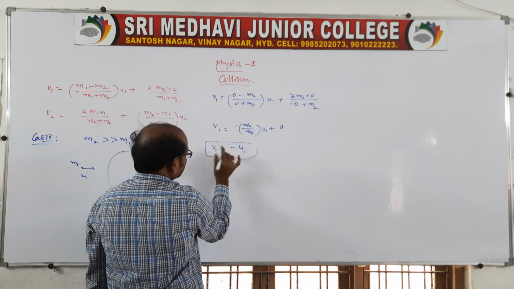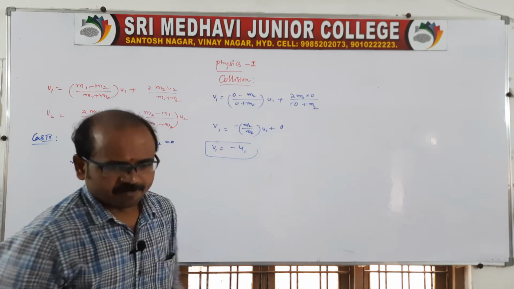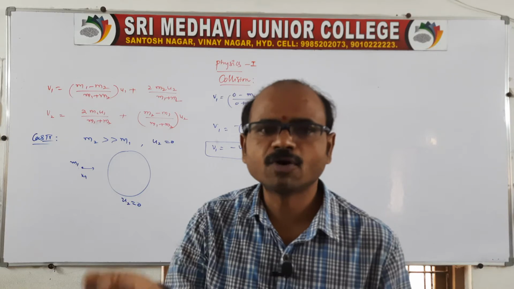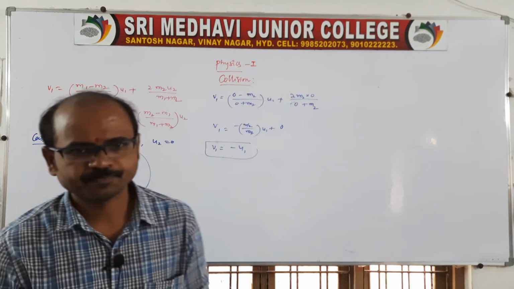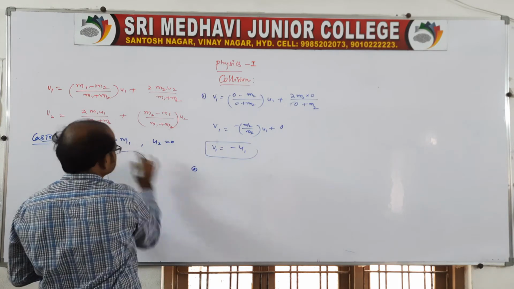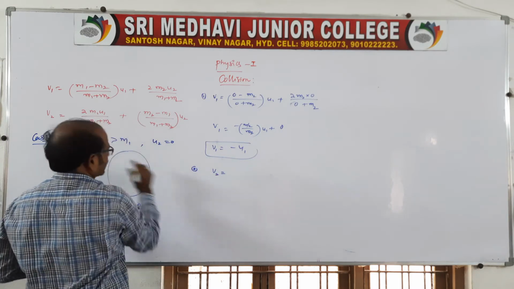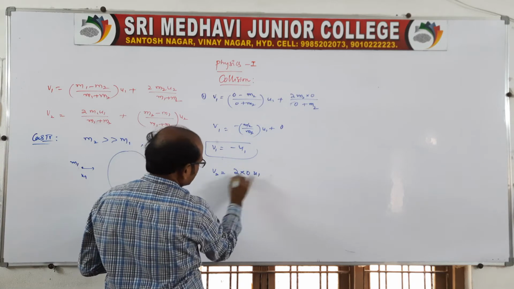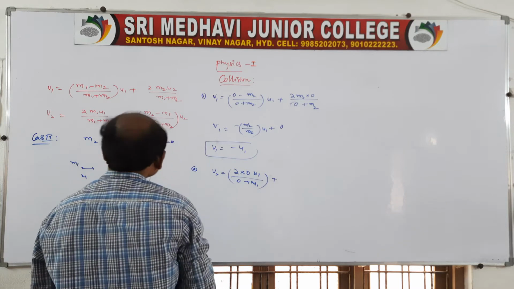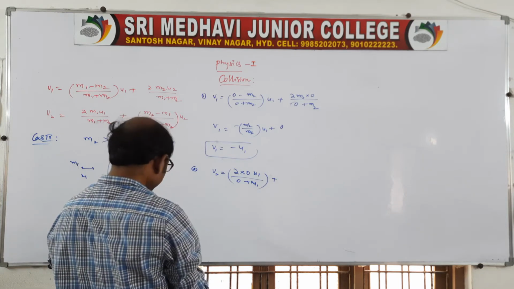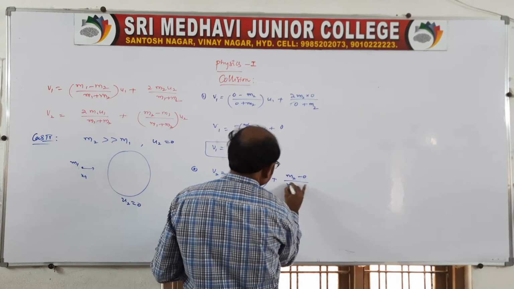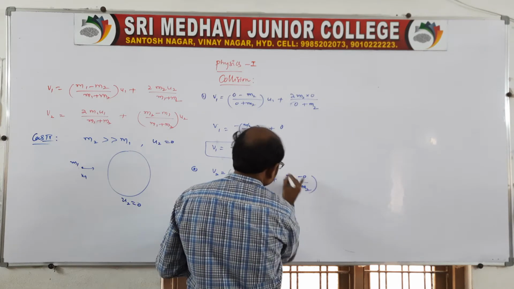That is, after the collision, the first body's speed is equal to its earlier speed, but in the opposite direction; a negative value comes. Now for the second: v2 is equal to 2 into 0 into u1 by (0 plus m2), plus (m2 minus 0) by (0 plus m2) into 0.